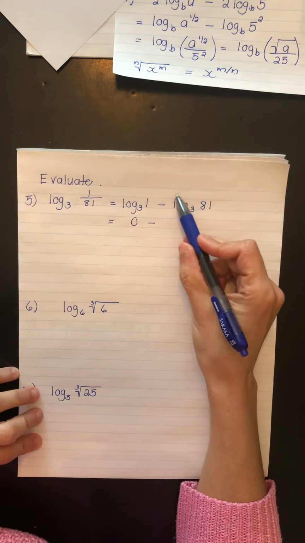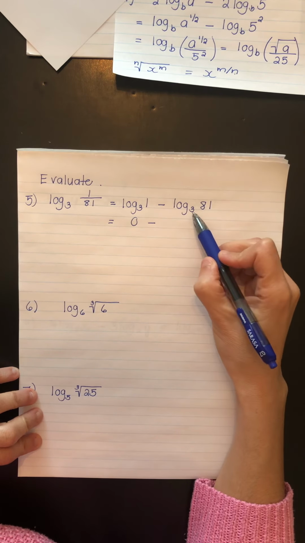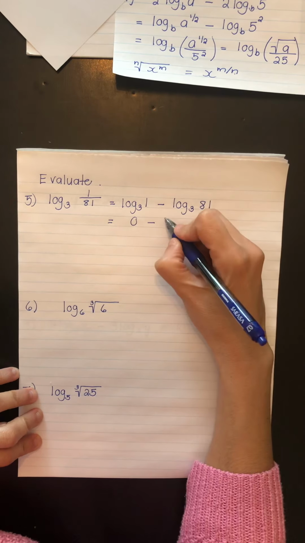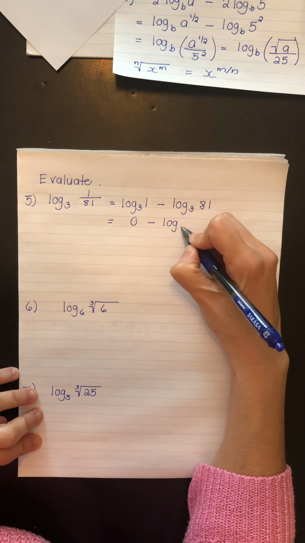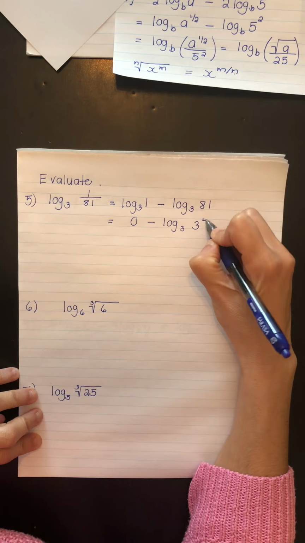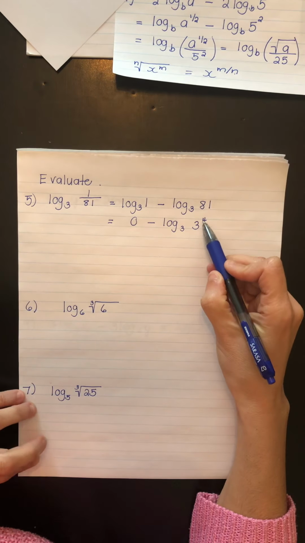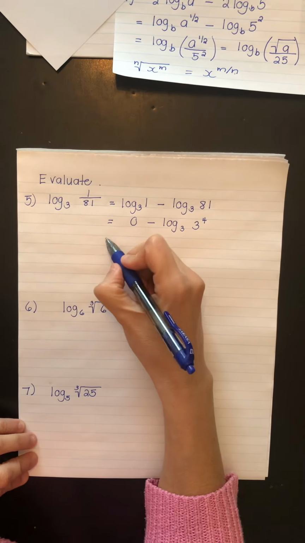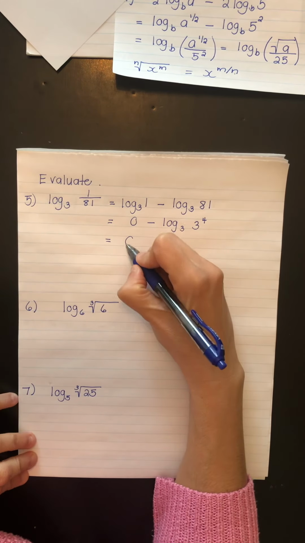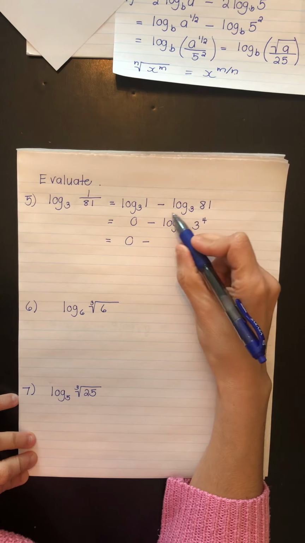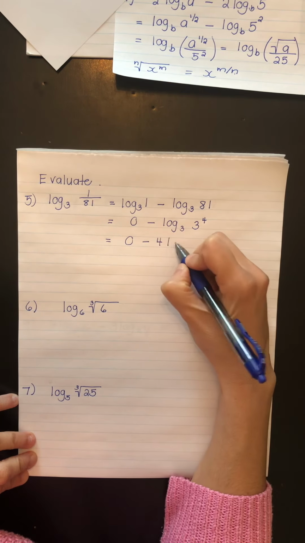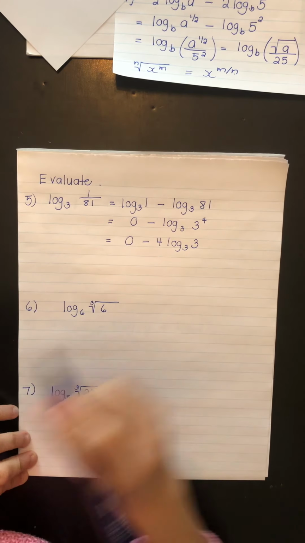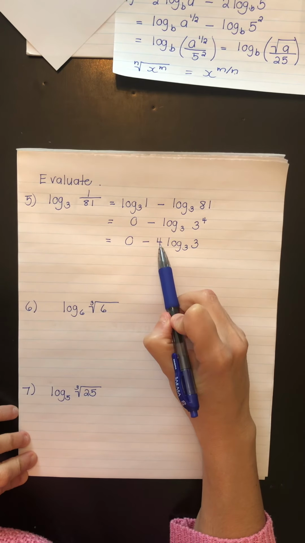Now, to evaluate this portion, if the base is 3, we'd like to write 81 as a power of 3. 81 is 3 to the power of 4. You can confirm that with your calculator. That's important because now we can bring the 4 forward like this. So the exponent is the coefficient.